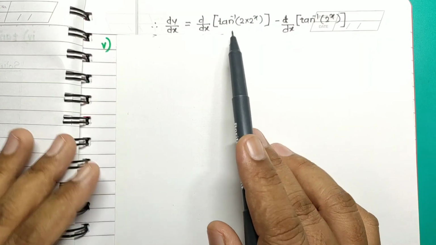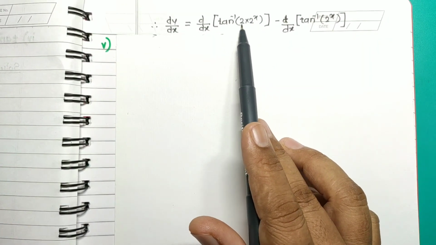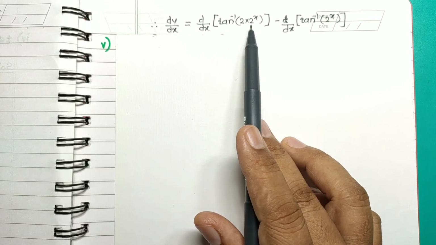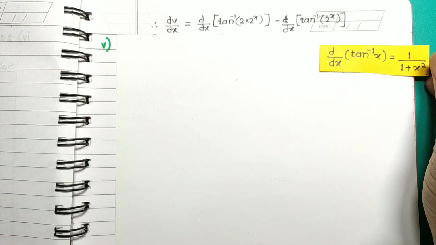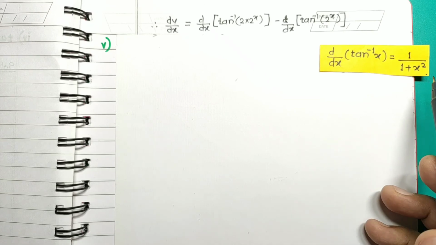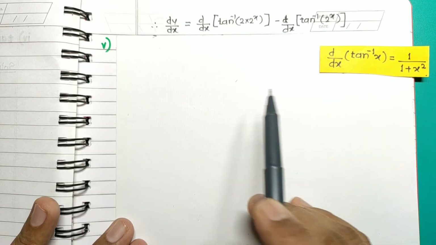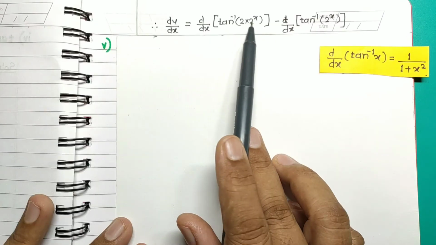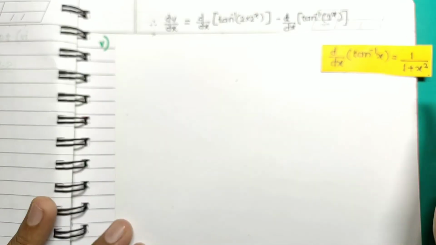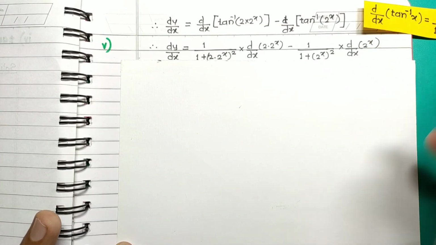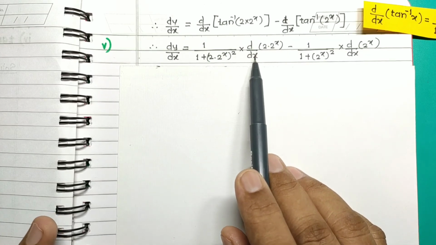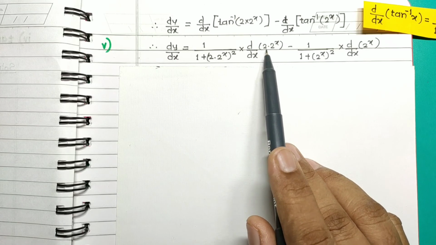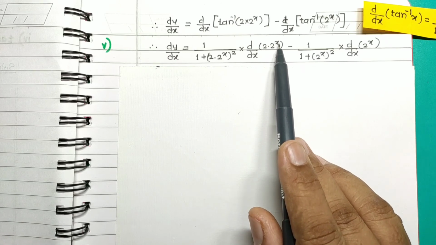See here it is a composite function, tan inverse of something. So for its derivative let's use the chain rule and this standard formula. The derivative of tan inverse of x is 1 upon 1 plus x square. So let's treat it as tan inverse of something. So its derivative is, see, we have 1 upon 1 plus something square into the derivative of something, which is 2 into 2 raised to x.